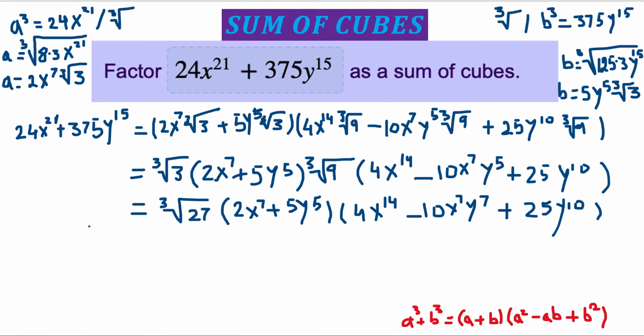And finally, just let me write a final answer here. So 24x to the 21 plus 375y to the exponent 15 is equal.